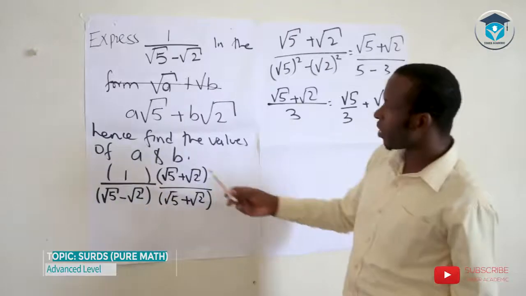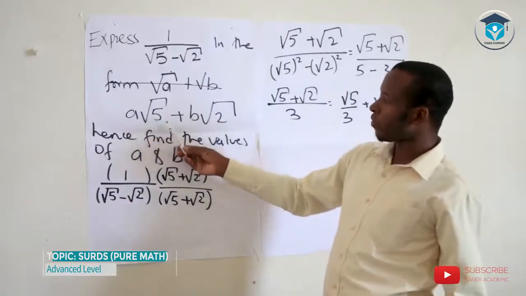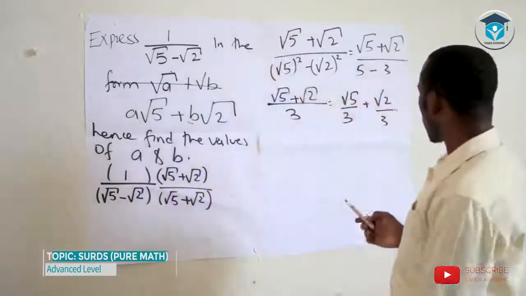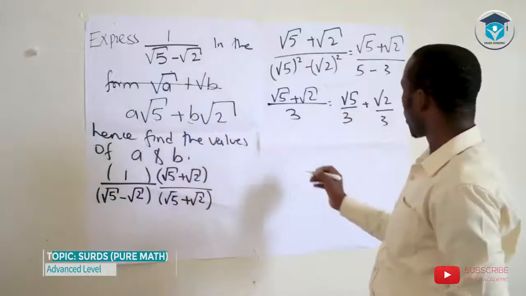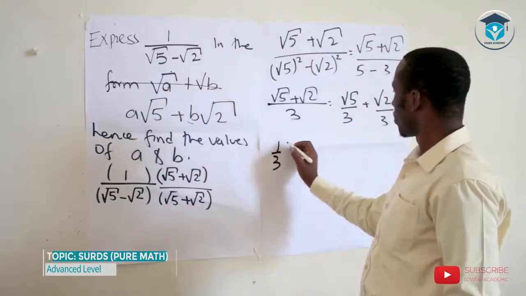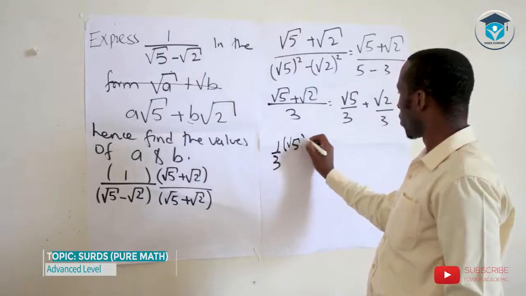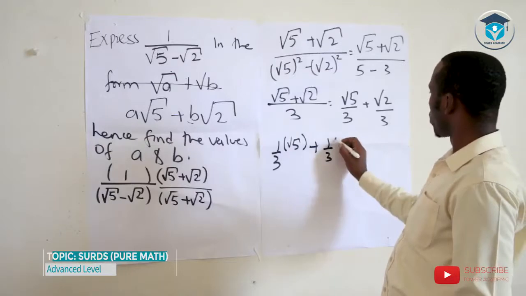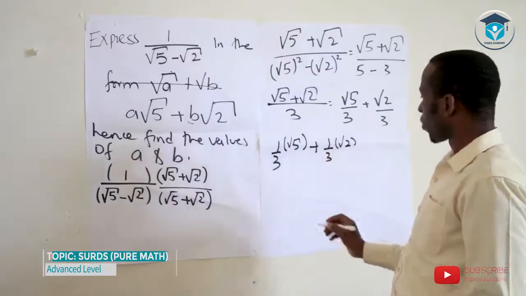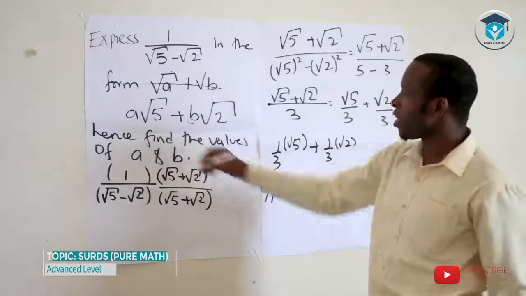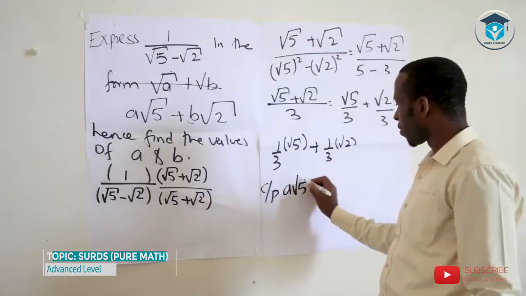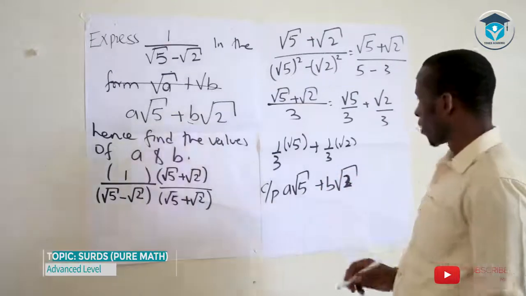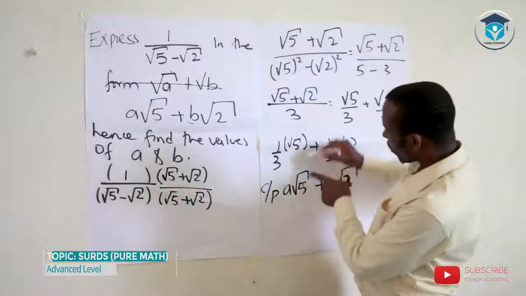Remember our question says in the form A root 5 plus B root 2. So when we look at this, this is the same as a third times root 5. This is a plus, this is the same as a third root 2. When you compare this with what you're given here, A root 5 plus B root 2, this root 5 is this root 5.